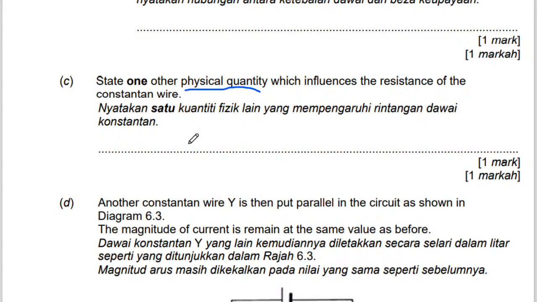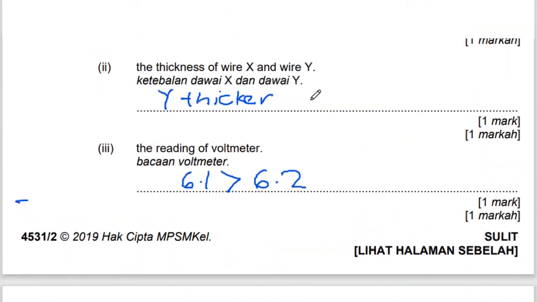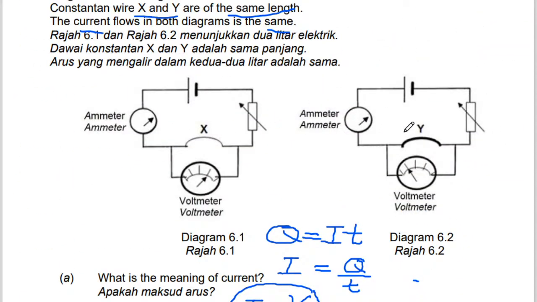Length boleh, temperature boleh. Diameter, can you write diameter? Cannot. You cannot write diameter anymore because the question already relates to diameter. Thickness, diameter, cross-sectional area, maksud yang sama lah. So you need to write other than diameter.